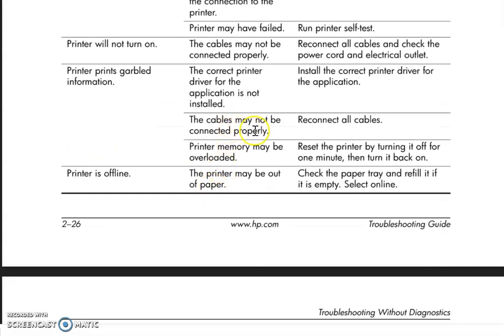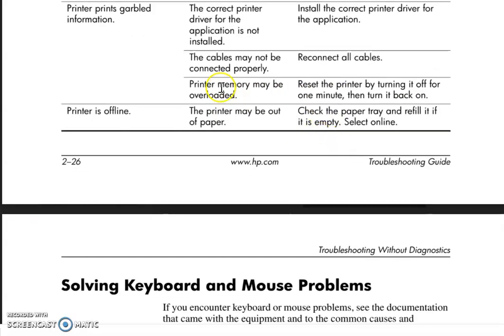That's why it is printing garbage information. The cables may not be connected properly. If your cables are not connected properly, then reconnect them. Printer memory may be overloaded. Whatever you send for print will be stored in the form of a queue, the printer queue.